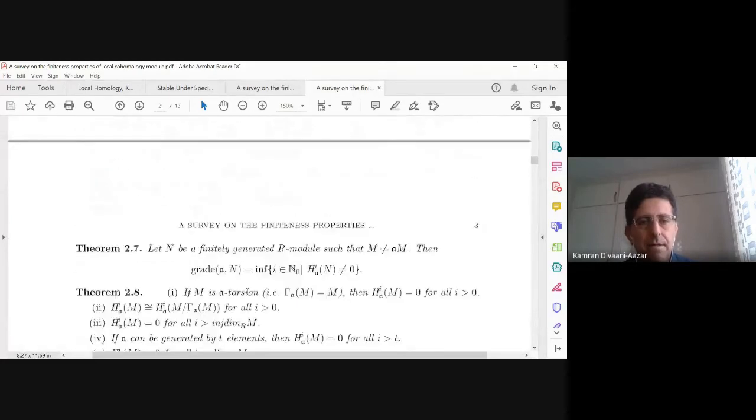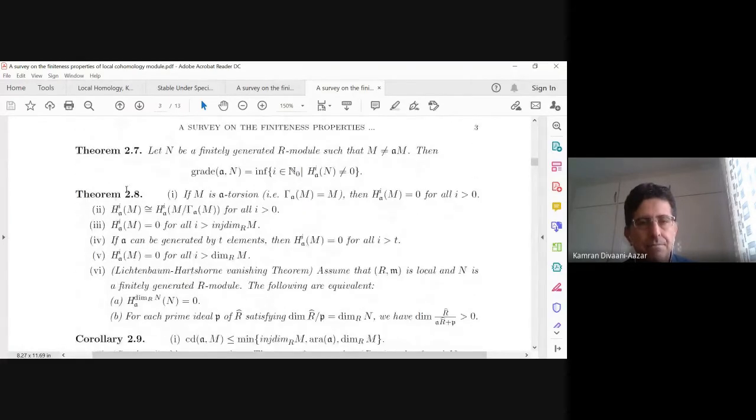So we have the following. Those results can be found in the interesting book by Sharp and Brodmann. So if you find some results here that I don't mention the reference for, all of them can be found in the Brodmann and Sharp book. Let N be a finitely generated R module such that, sorry, this should be N here, not M, N is not equal to AN.